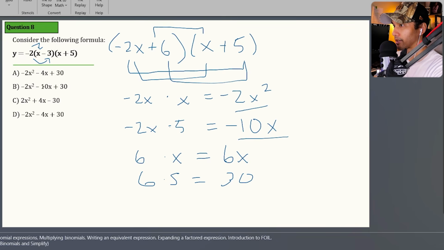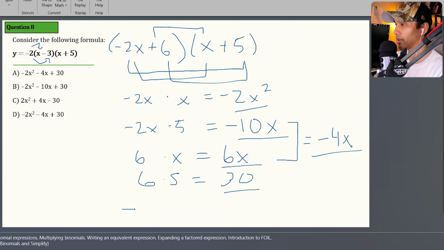But no, because we have this 6x, we have to combine these because they are like terms. Negative 10x combined with 6x equals negative 4x. So this is our actual simplified number when we combine these terms, and then the 30.